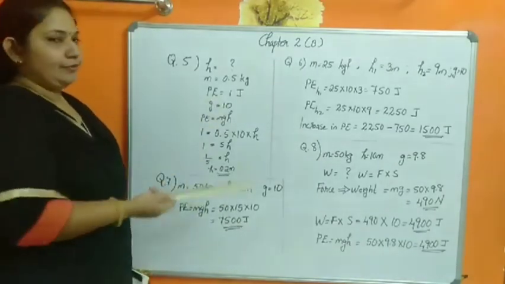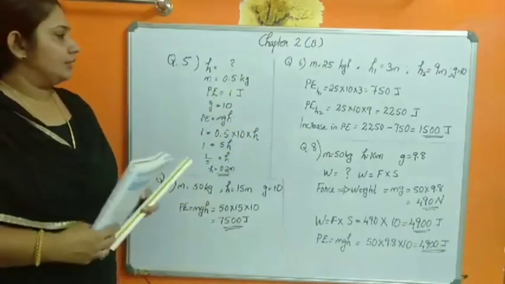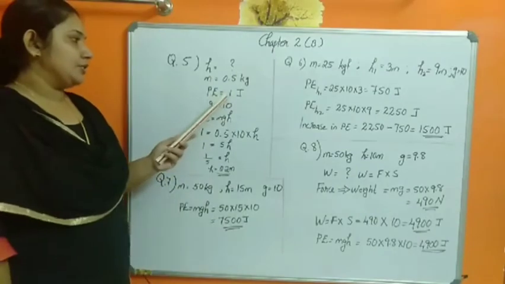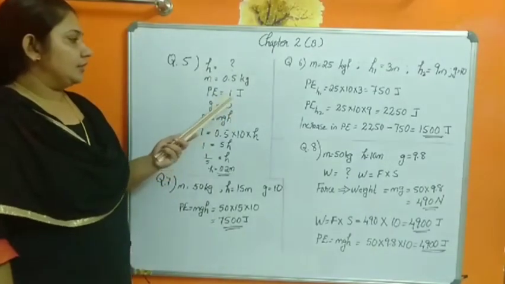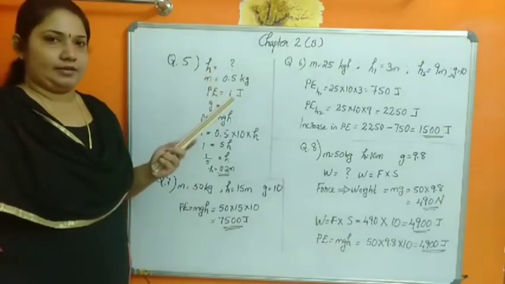So we are asked to lift a body of mass 0.5 kg so that the potential energy done is 1 joule.